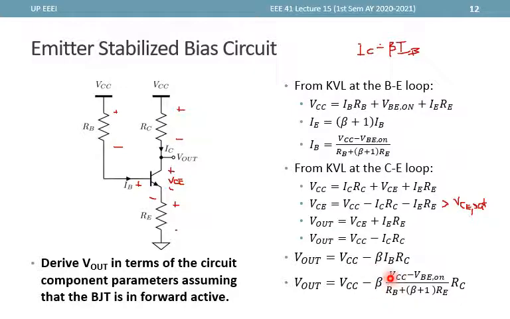Now, if beta, for example, is very, very large, by L'Hopital's rule, what we will be left with will be VCC minus VBE on over RE times RC, which is not anymore dependent on beta. Meaning, if beta is sufficiently large, then even if it changes by some value, as long as it is large, this circuit's DC bias point Vout is approximately maintained.